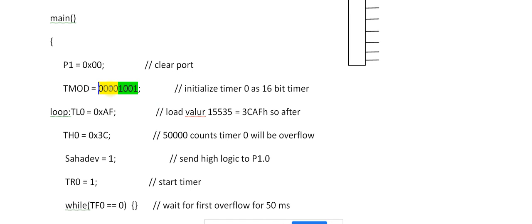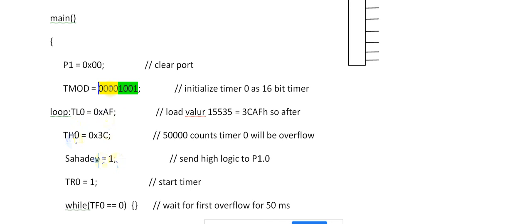And this is the loop. So this is the value of 50,000 count, then overflow, then the pin, that is pin 1.0, will be 1, then again the timer will start when the overflow is for 50 milliseconds. Okay, this is the value, 50 milliseconds. Then again the counter reloads and this pin becomes 0 and it runs in the loop.